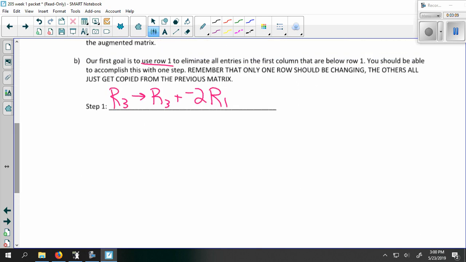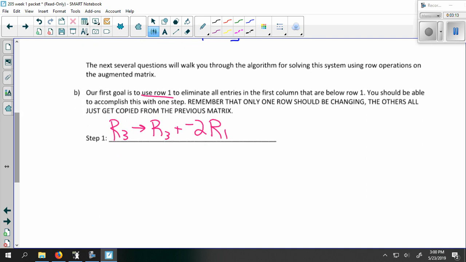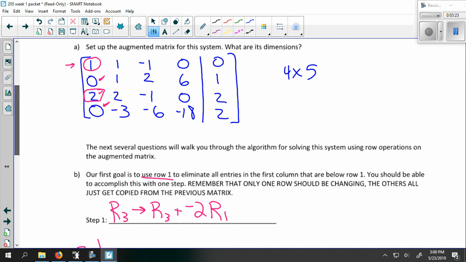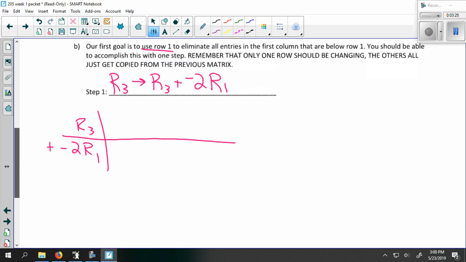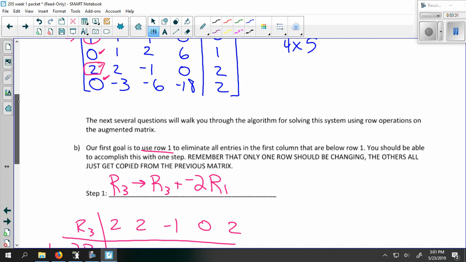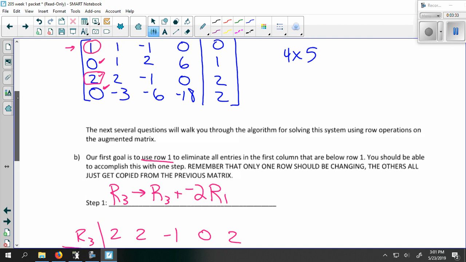Okay, so I'm going to write out my work here. Row 3 plus negative 2 row 1. Row 3 is 2, 2, negative 1, 0, 2. Let me double check. 2, 2, negative 1, 0, 2. That's row 3.